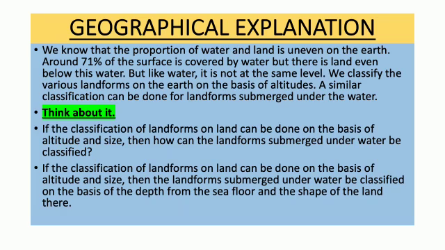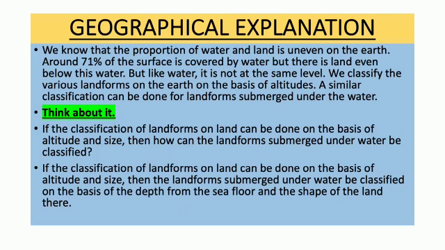We know that the proportion of water and land is uneven on the earth. Around 71% of the surface is covered by water, but there is land even below the water, and this is the submerged land.